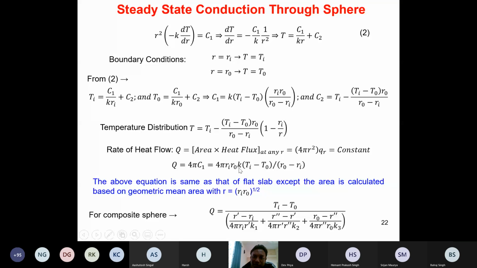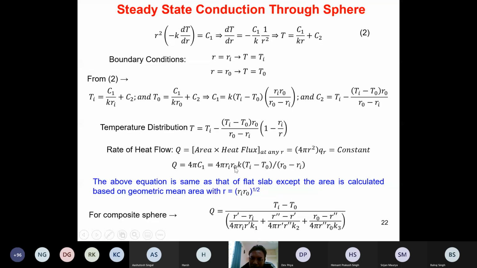So here you can see Ri into R naught, which is there in the numerator. This can be represented as a geometric radius, isn't it? So if we take this as a square of the geometric radius, in that case 4 pi Ri R naught is nothing but the area calculated based on the geometric mean of the radius, isn't it?